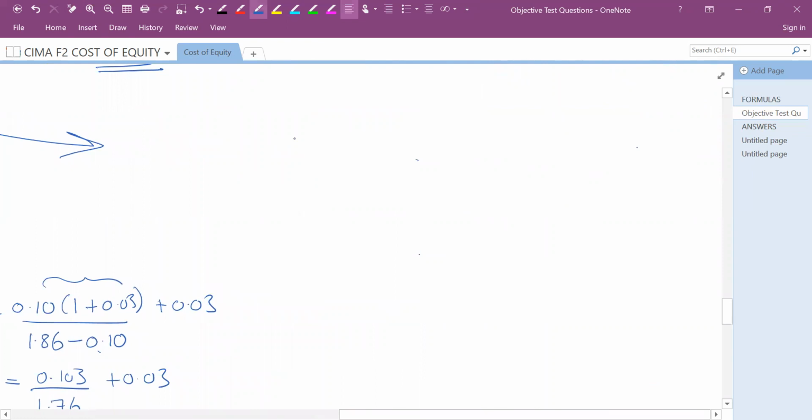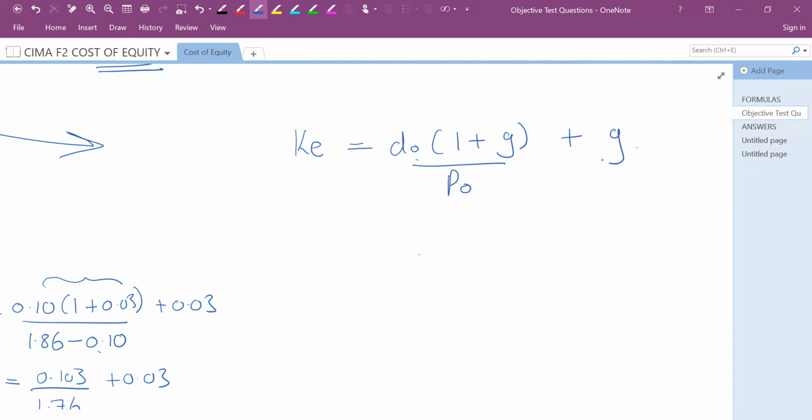So here then, let's remind ourselves of the formula. Again, nothing like a bit of repetition in the world of accounting. D0, 1 plus the rate of growth over the ex-div share price plus the rate of growth, which very occasionally I call R for some reason, rather than G. That's my problem, I think, getting old. But the cost of equity here is given to us, isn't it?